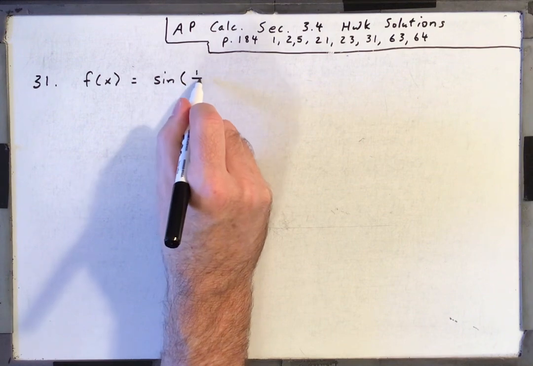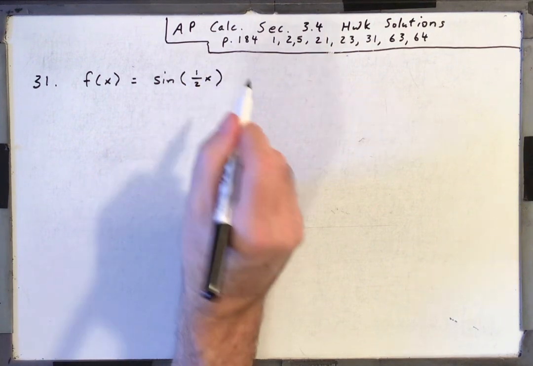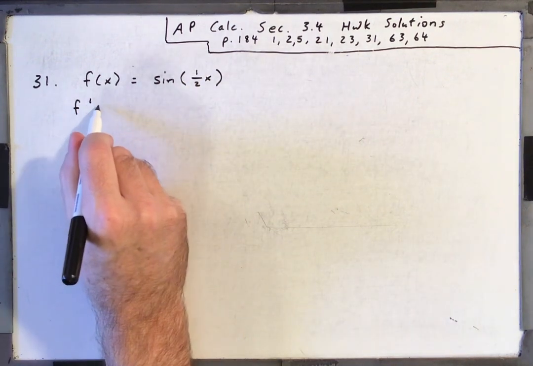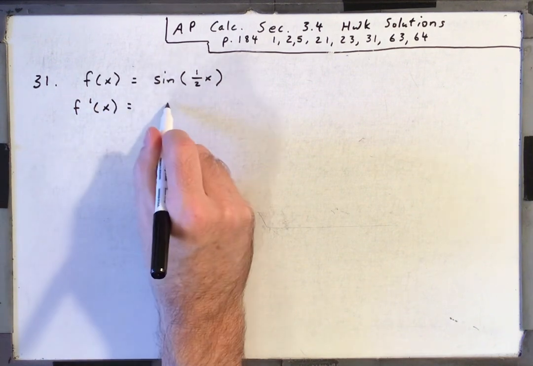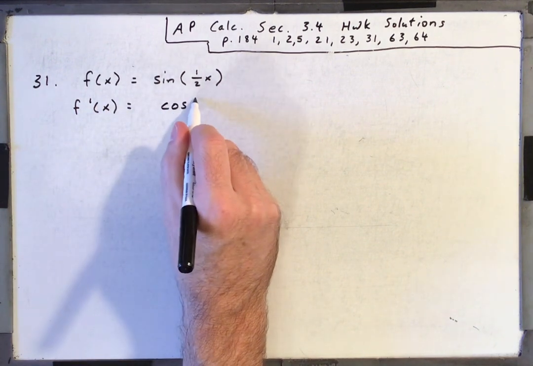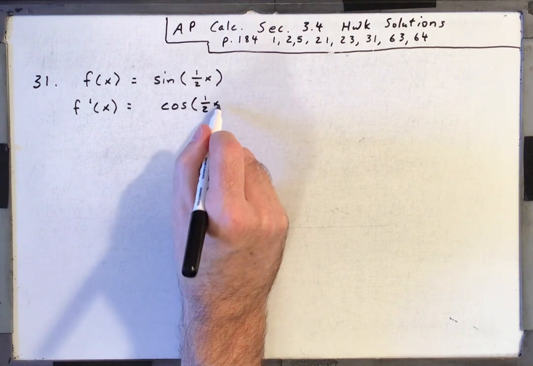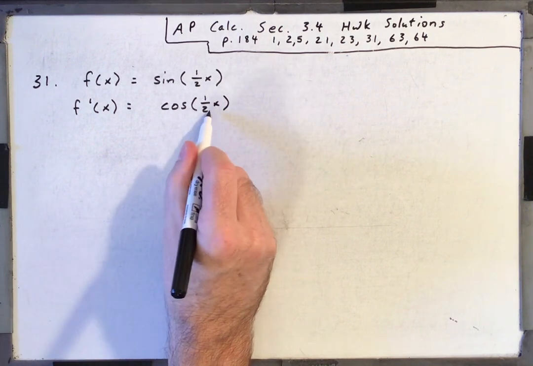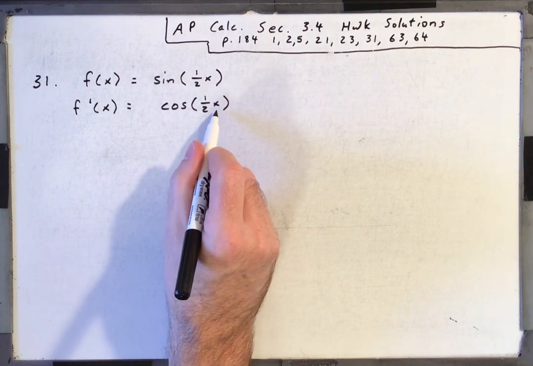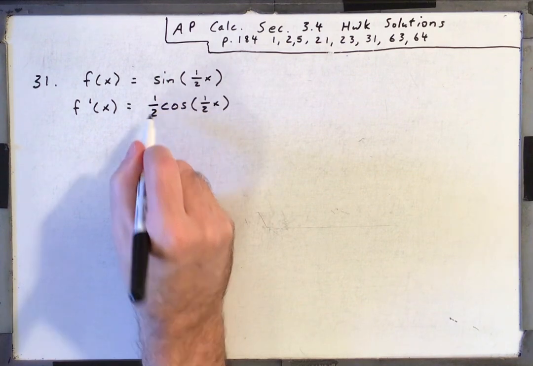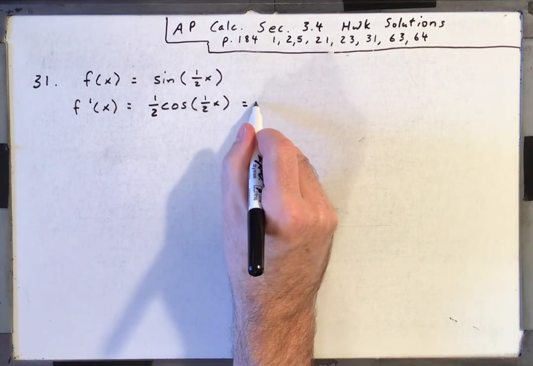I'm going to write that as 1/2 x. Same thing. So f prime of x is going to be the cosine of 1/2 x times the derivative of the block, the angle. So that's 1/2. I'm going to set that equal to 0.